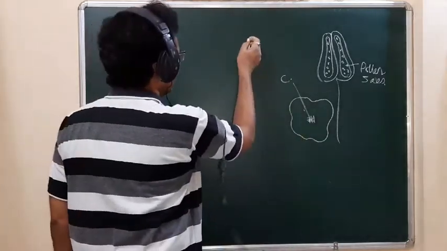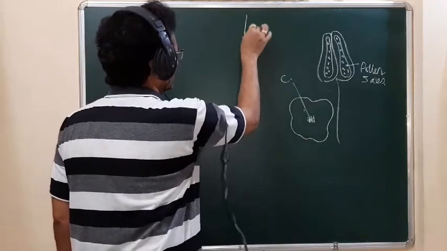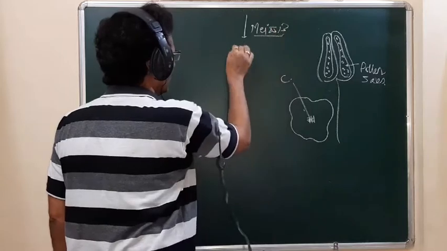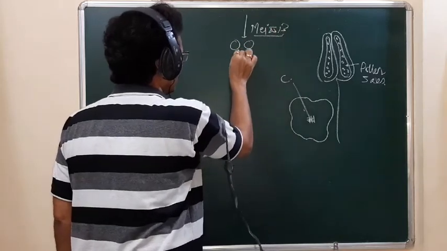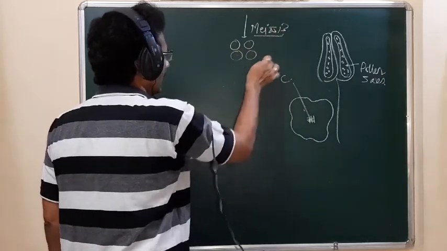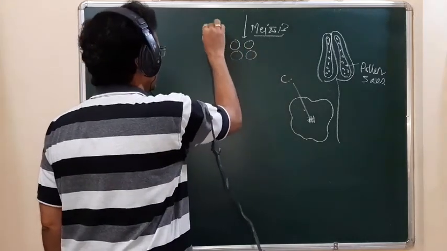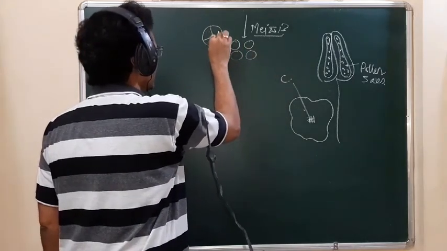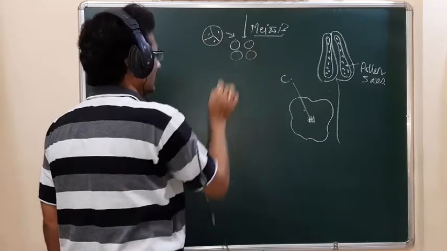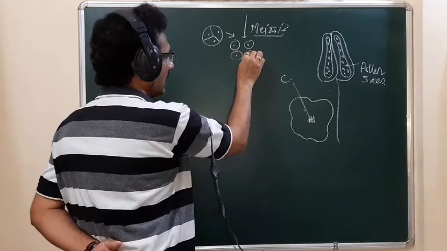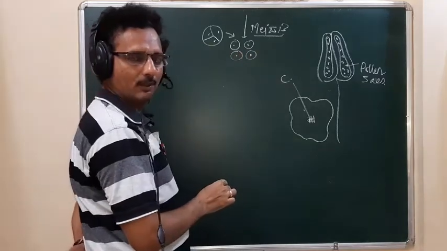Student, you know that just after meiosis, 4 pollen grains are formed inside the pollen tetrad. All these 4 pollen grains are unicellular, uninucleated and haploid.